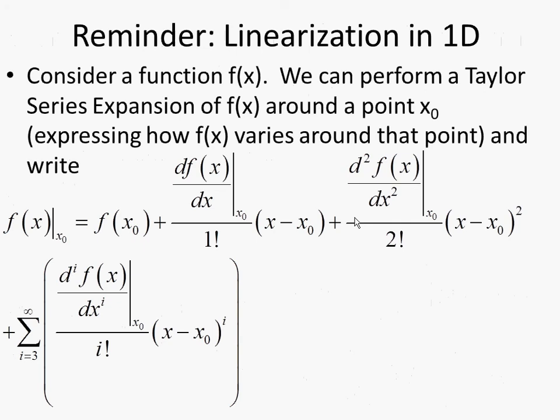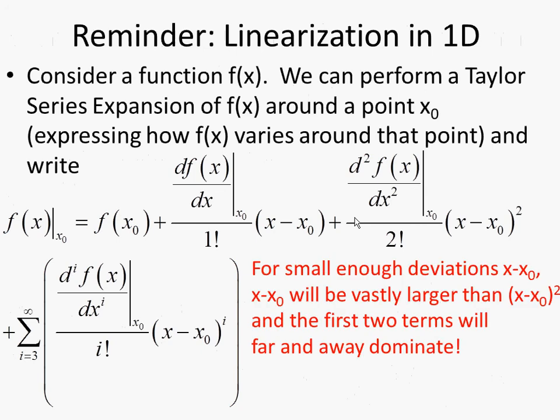Yeah? When we have that sort of situation, we argued that if we focus enough in detail and we're not dealing with functions that physicists and engineers would call degenerate functions, or functions that are misbehaved, then for small enough deviations, x minus x sub 0 will be vastly larger than these terms.